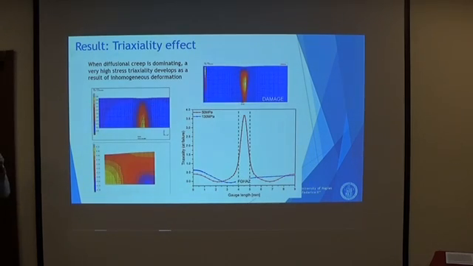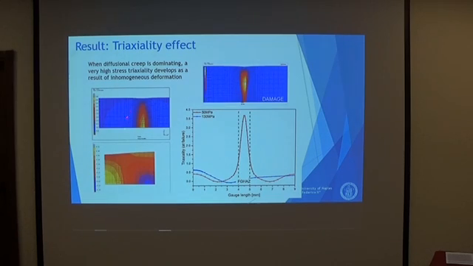This is, of course, from my point of view, a good result, and it is partially due to the effect of the triaxiality. Because when diffusional creep is dominating, a very high stress triaxiality develops as a result of inhomogeneous deformation.